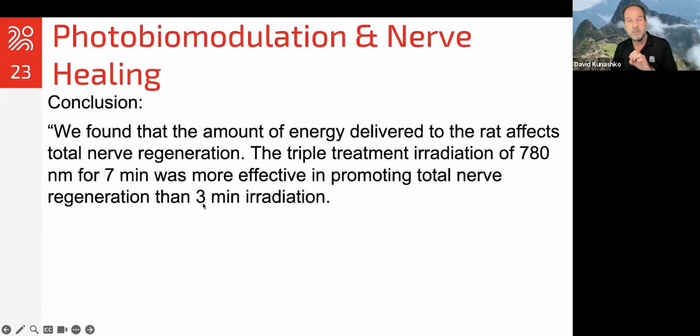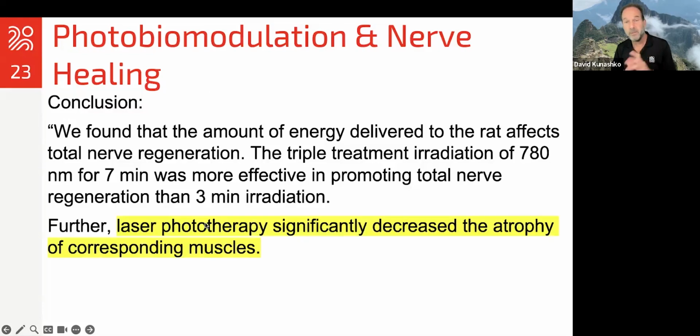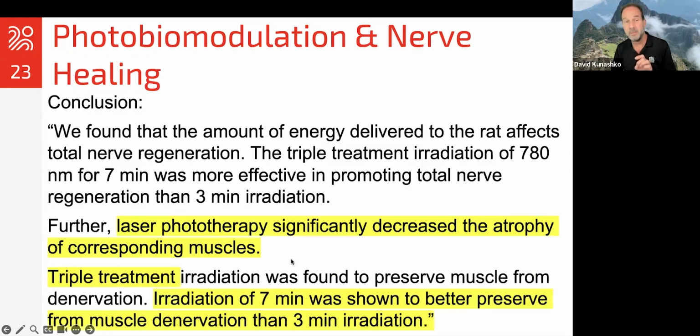Further, laser phototherapy significantly decreased the atrophy of the corresponding muscles. The triple treatment irradiation was found to preserve muscle from denervation, and the 7 minutes was shown to preserve this better than the 3 minutes. So in general, longer treatment times, up to a certain maximum, are more effective than shorter treatment times.